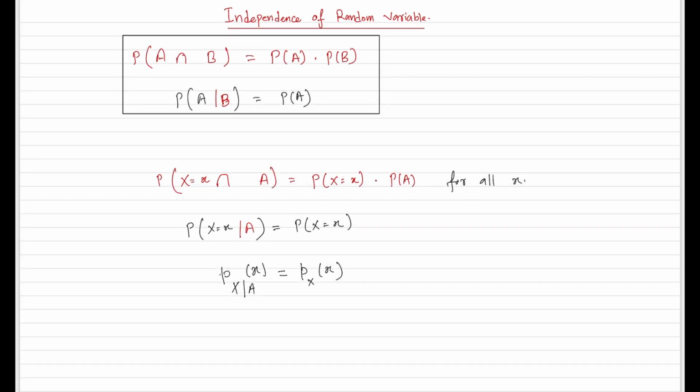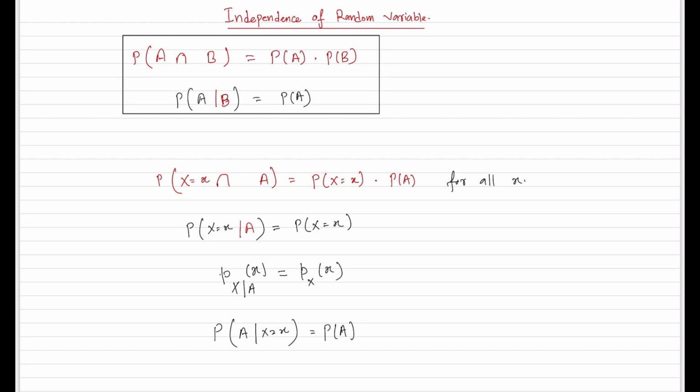And we also have the symmetrical interpretation. Here we might also say that under the condition that random variable X takes on a specific value little x, if I have to find the probability of this event A, and if these two are independent, then this probability of event A under the condition that X takes on the value little x will be equal to the probability of event A, right?